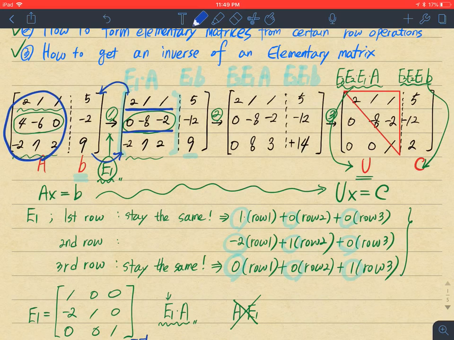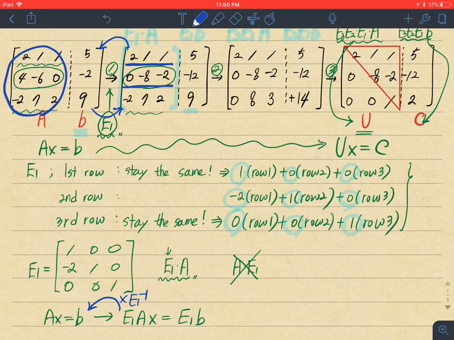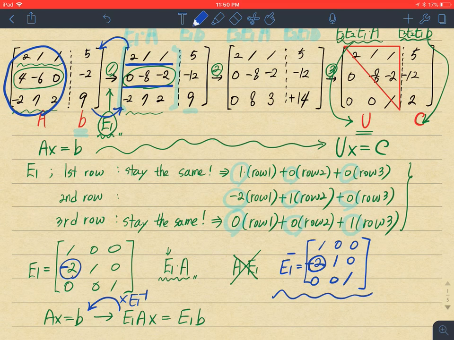So what would E1 inverse look like? It's simple as hell, right? [1 0 0; 2 1 0; 0 0 1]. You just change the minus sign here because you want to add the first row multiplied by 2 to the second row to go backwards. So here is plus 2. That's it. This is E1 inverse.